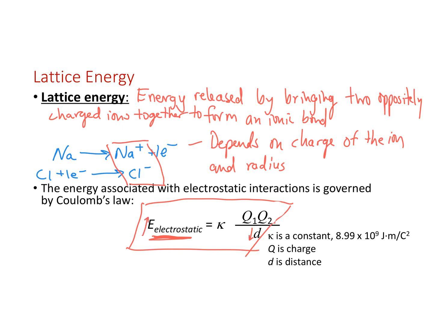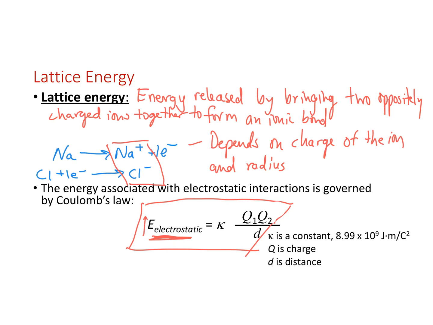So just to reiterate, I wouldn't expect you to calculate this, but you should know as charge changes, what happens to that attraction? As distance changes, what happens to that attraction? Going back to the two magnets, as the charge increases, I would expect my attraction to increase.